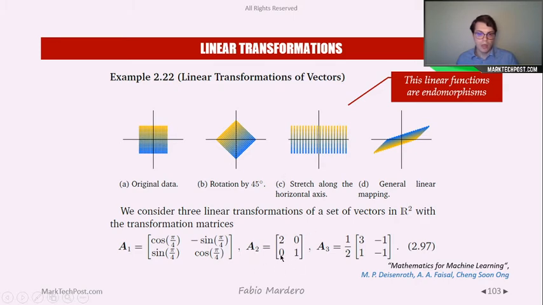With another linear transformation applied to this original data, we can stretch the data along the horizontal axis. Why? Because, as you can see, here we have 2 instead of 1 on the x coordinate. So these vectors, that are also points on a plane, will be doubled in their x coordinates.